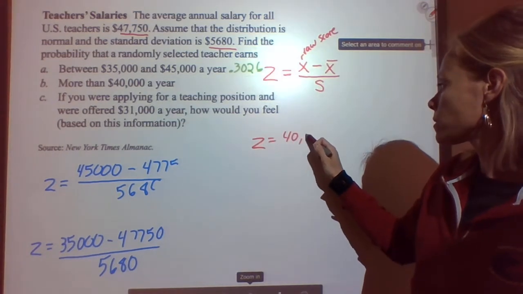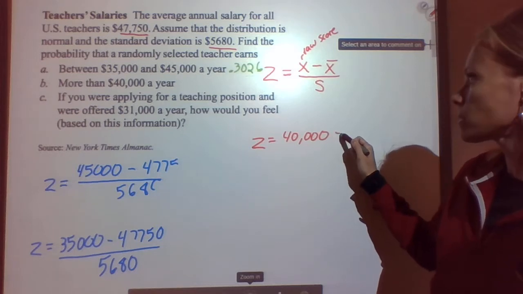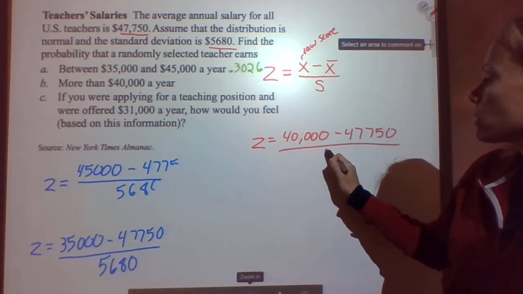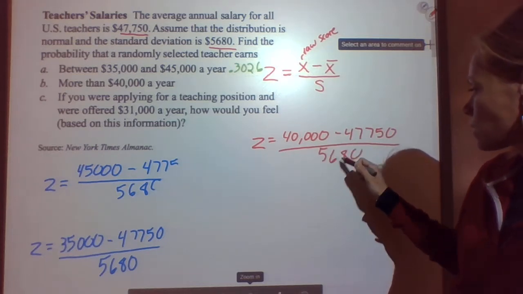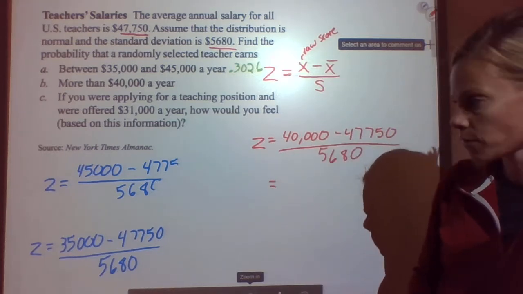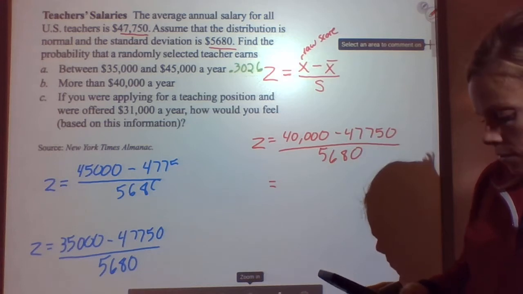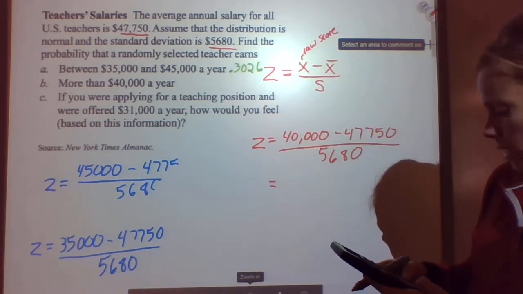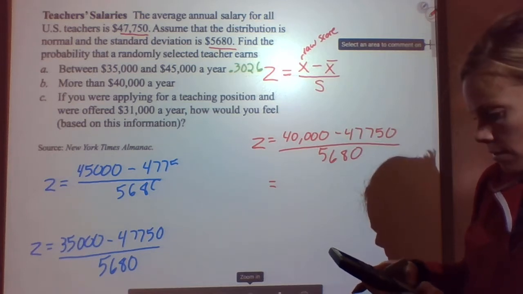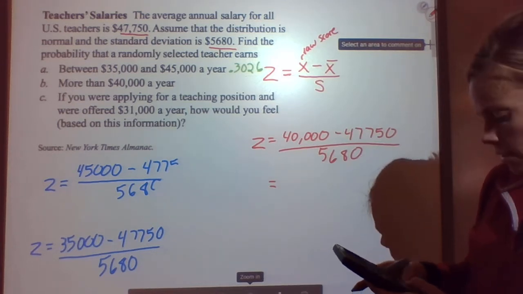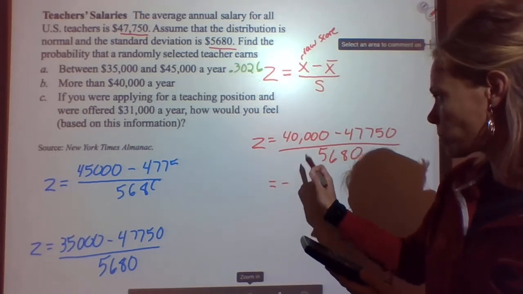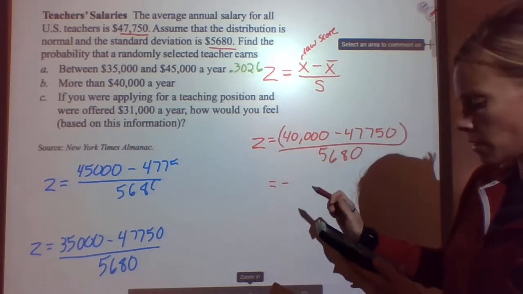So 40,000 minus the mean divided by the standard deviation. You always need to get the z-score first. So that is 40,000 minus 47,750, divided by 5680, which is negative 1.36. And don't forget parentheses around that numerator.